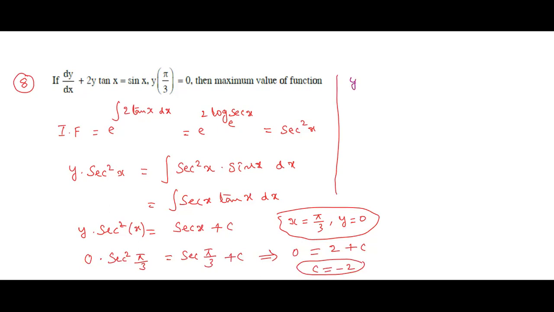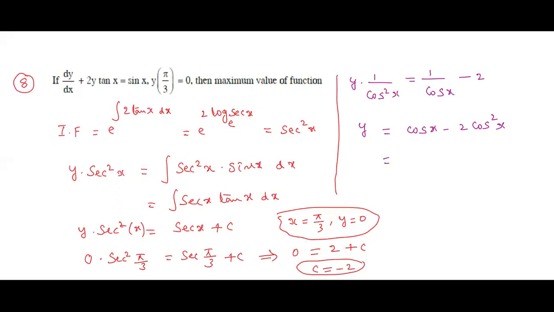Now substitute in that equation. We get y into secant square x, which means 1 by cos square x. Secant x means 1 by cos x. C value is minus 2. Take LCM of cos square x on the right hand side. We get cos x minus 2 into cos square x, divided by cos square x. Okay.